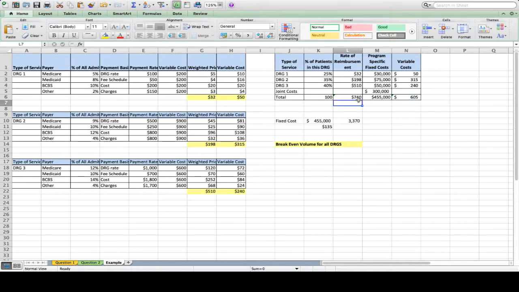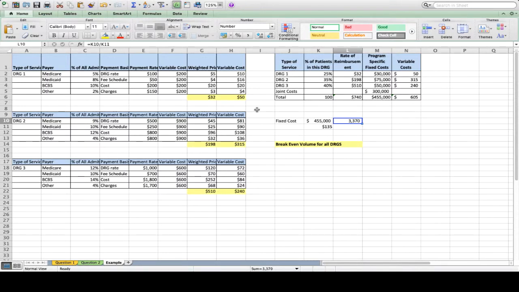So there's our price minus our variable cost: 740 minus 605 is 135. So our fixed cost divided by P minus VC, that equals 3,370 patients. That's how many patients we need to break even for this specific scenario.